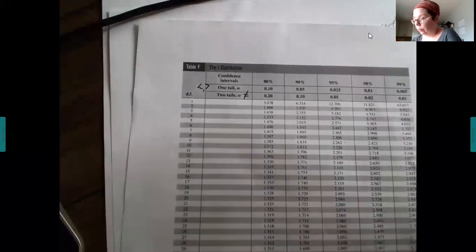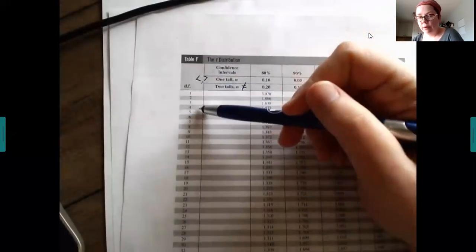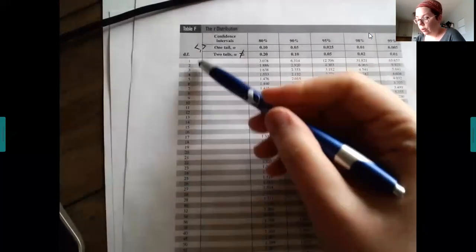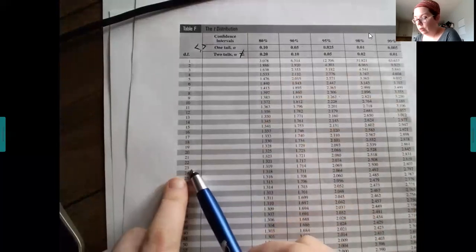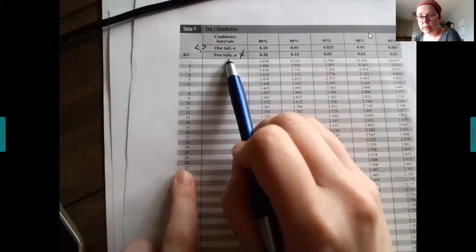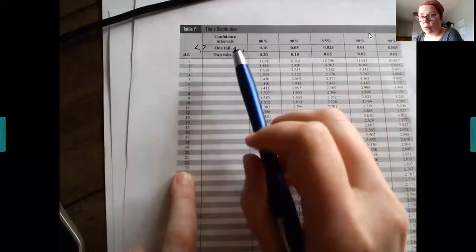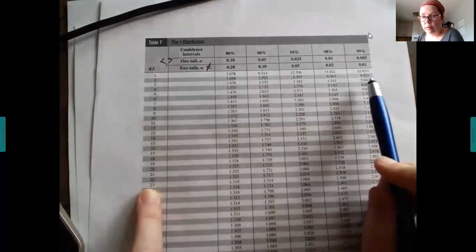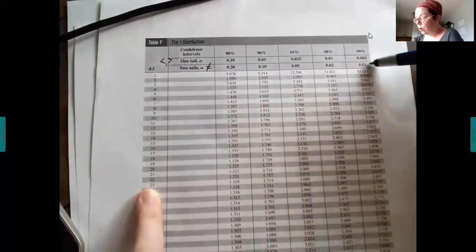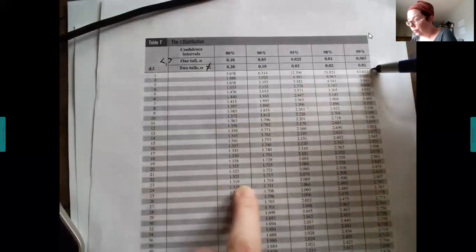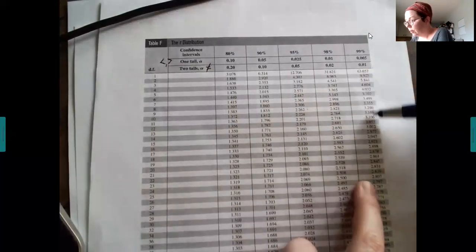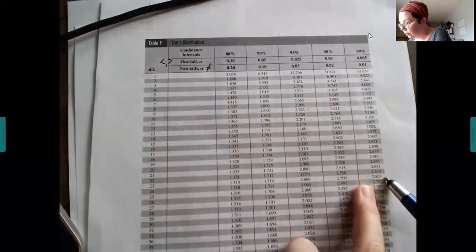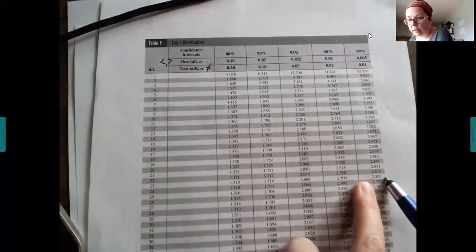So we go look in the degrees of freedom column, go down to 23. This is going to be a two-tailed test. And at 0.01, way over here, we go to 0.01 and then go down, and we see that the critical value is 2.807.